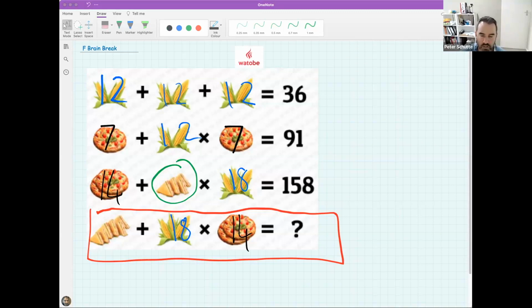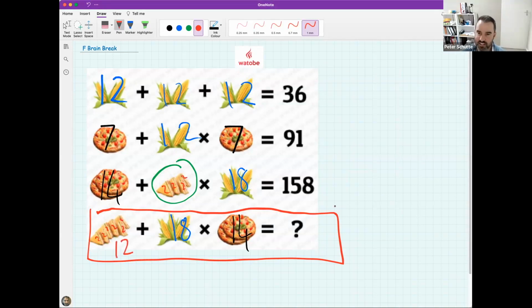We're getting close though. 8, so 8 times 18 plus 14 gives me 158. So it's 8. So then it must be 2 each. That's 2, that's 2, that's 2, that's 2, which means here, if each of those two are, that's going to be 12.